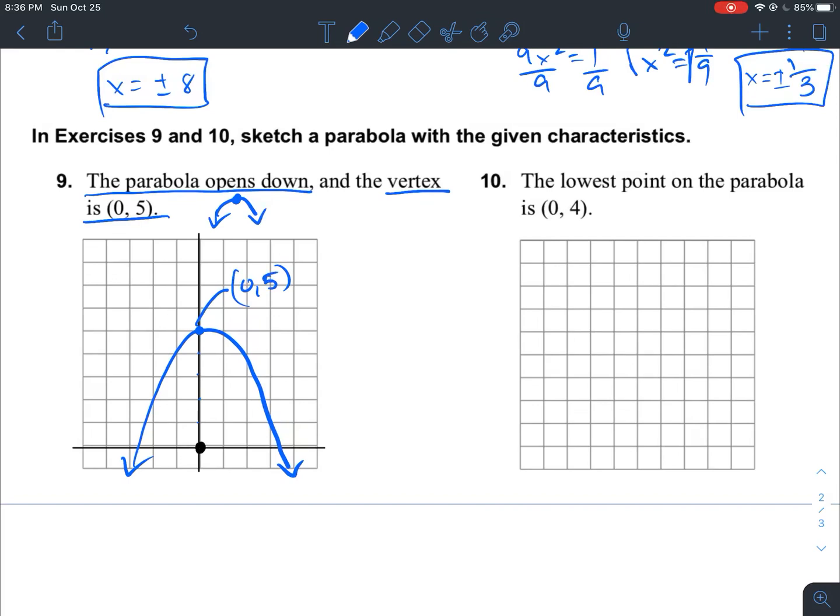So go ahead and try number 10 on your own. You can pause the video for that, but I'm going to go ahead and do that right here. So it says the lowest point on the parabola is 0, 4. So if it's the lowest point, that means we're open upward. And the lowest point is the vertex, so the vertex is 0, 4.